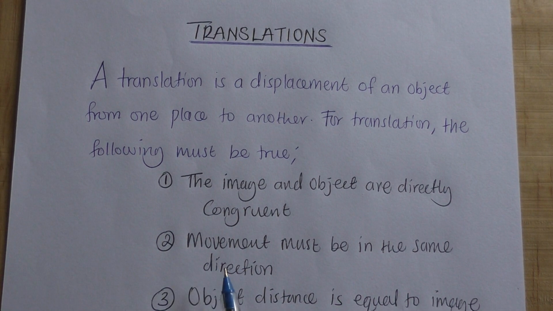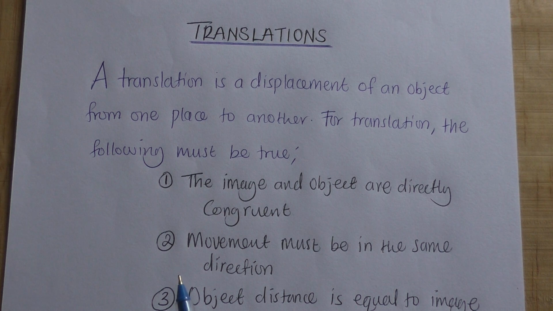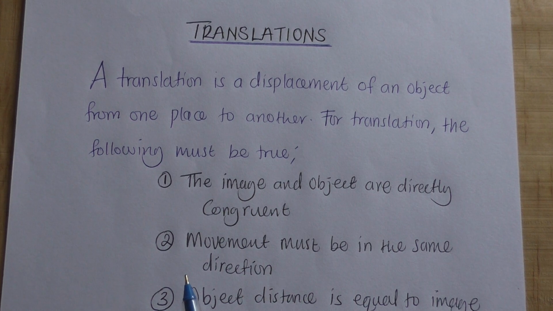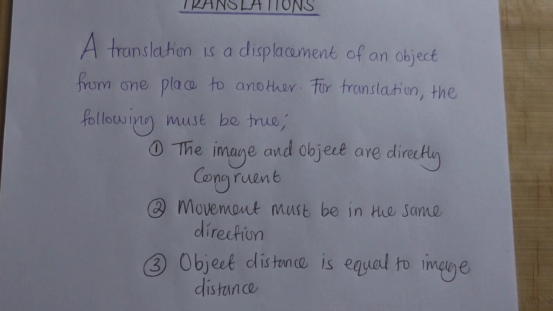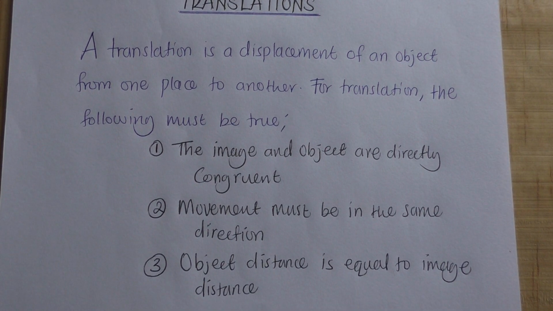Movement must be in the same direction, or the translation of the points of an object must be in the same direction. 3. The object distance must be equal to the image distance, and that means that the object must be similar to the image. That is for translation.